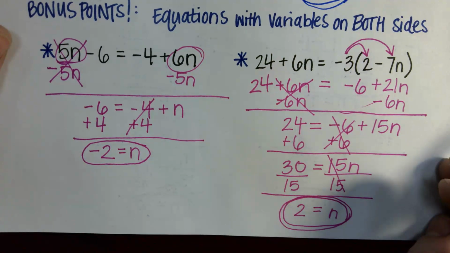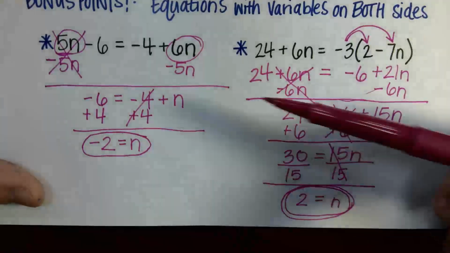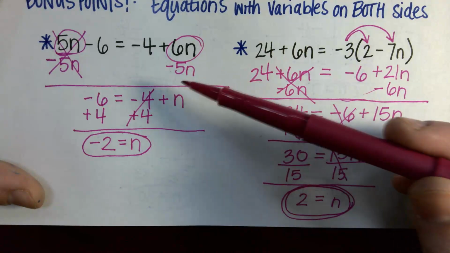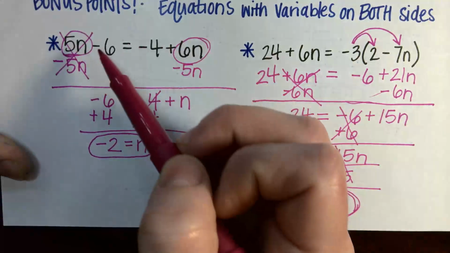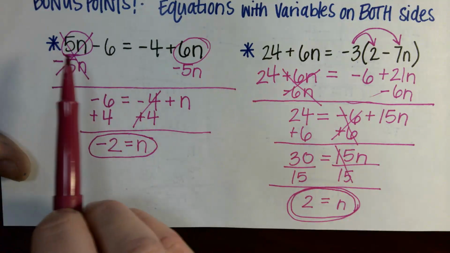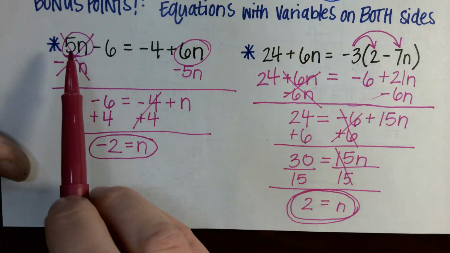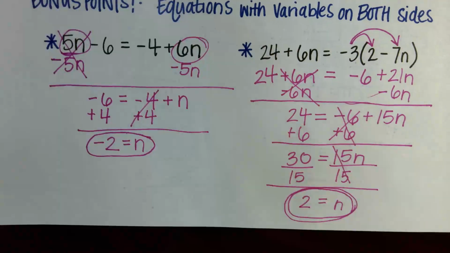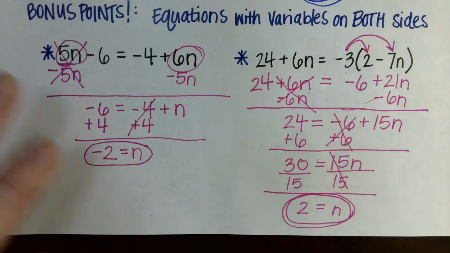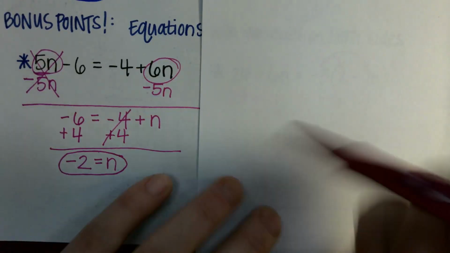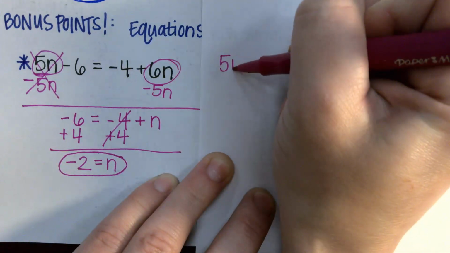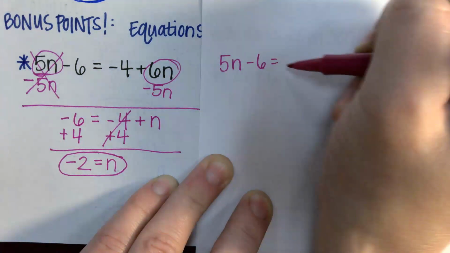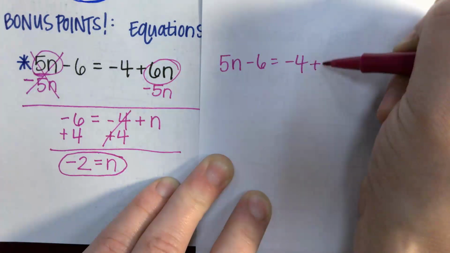Yes? So for the first one, I got +2. You got +2? Okay, walk me through your work. So what's the first thing you did? So instead of subtracting 5, I subtracted 6. Okay, so let's do that. Well, let's do it. So 5n minus 6 equals -4 plus 6n.